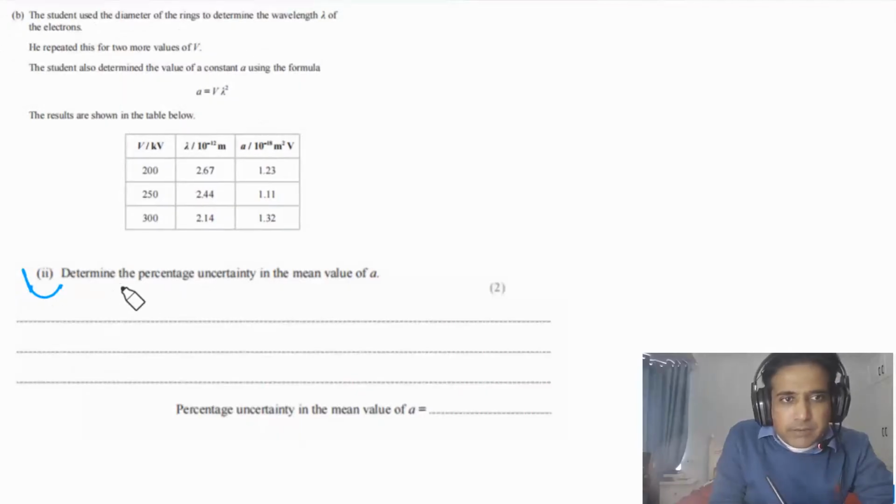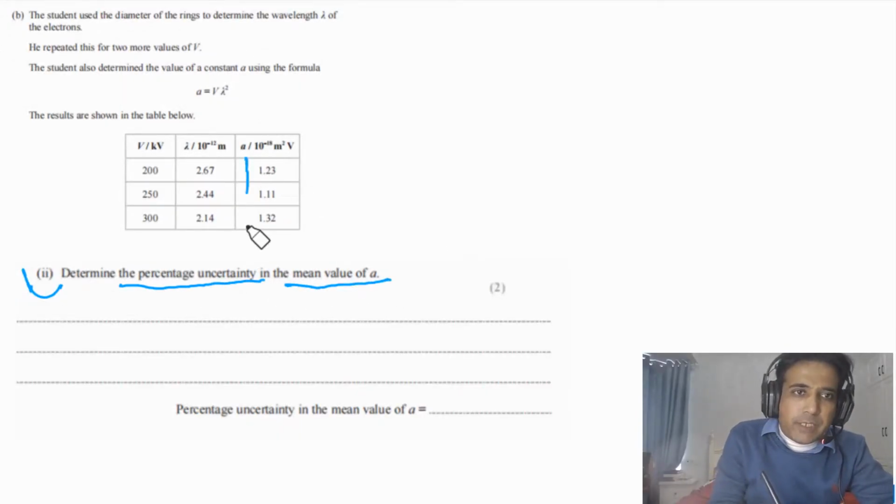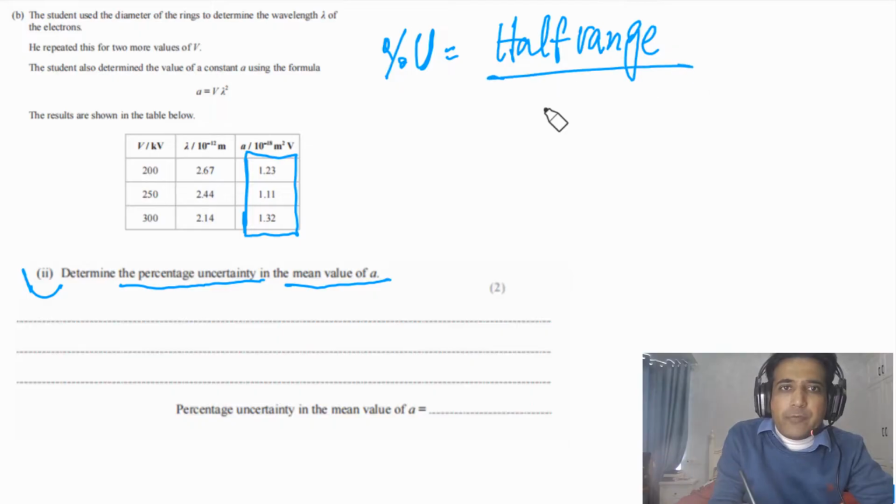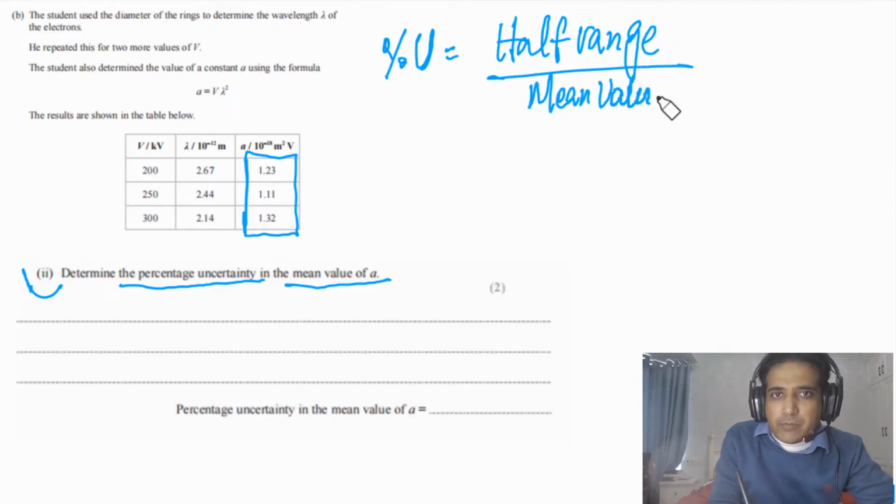Second part says determine the percentage uncertainty in the mean value of A, and we have repeated measurements for A. So in order to calculate percentage uncertainty, simply we need to take the half range. So this is our main formula: half range divided by the mean value of A, and we need to multiply this one by 100.